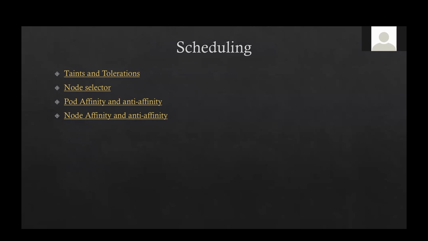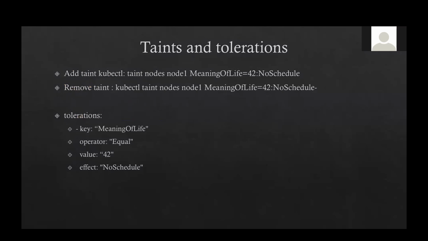Again, there is a stricter way to do that at the time of scheduling. And anti-affinity is exactly opposite to that. For example, if you want to run your web server, you say, I really don't want to run on GPU because I don't need GPU. So try to schedule me on nodes that don't have GPU. But if you can't, then that's fine. So that's how node anti-affinity works.